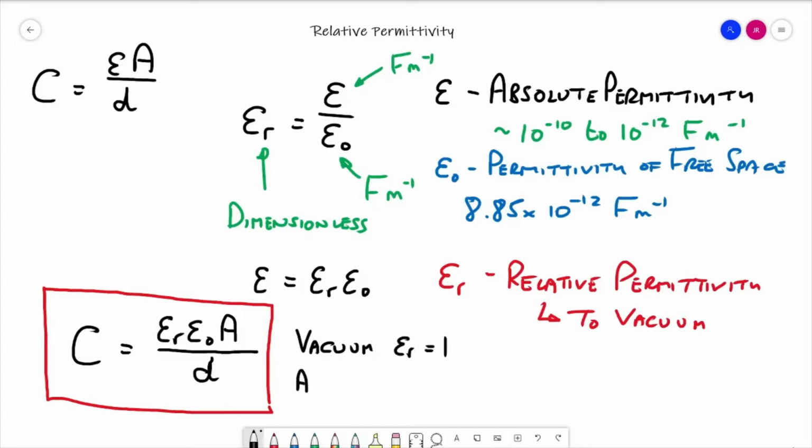Now, for air, bog standard air at normal temperature and pressure, we're looking at 1.00059. Realistically that number is very close to 1. It's obviously 1 to at least a third significant figure, so we can take it as being approximately equal to a vacuum in most cases.